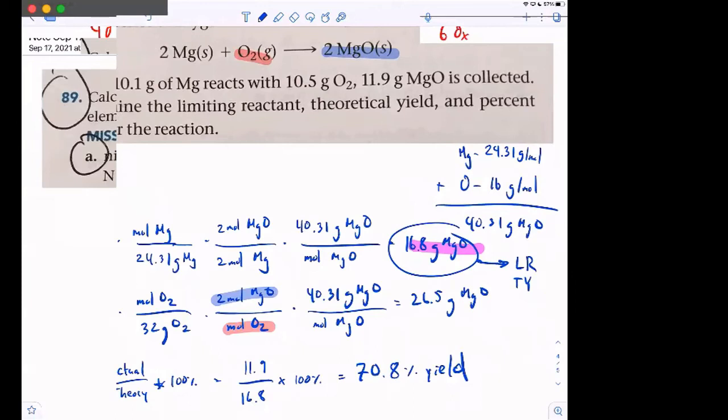Then we convert to moles of products using the balanced chemical equation, and then back to mass using the molecular weight of the product. We find out that the limiting reactant is magnesium, and we have a theoretical yield. We should get 16.8 grams of magnesium oxide. That's assuming everything reacts and goes all the way forward. But we were given that we only get 11.9 and we should get 16.8. So that implies we have a 70.8% yield for this chemical reaction.